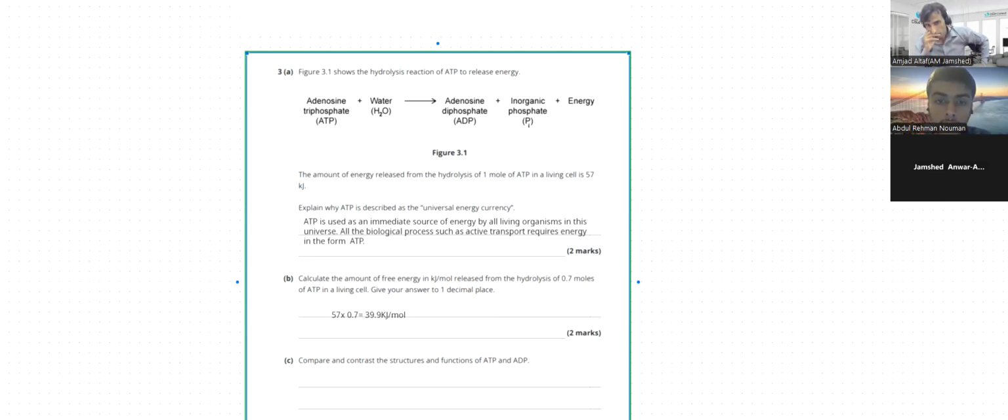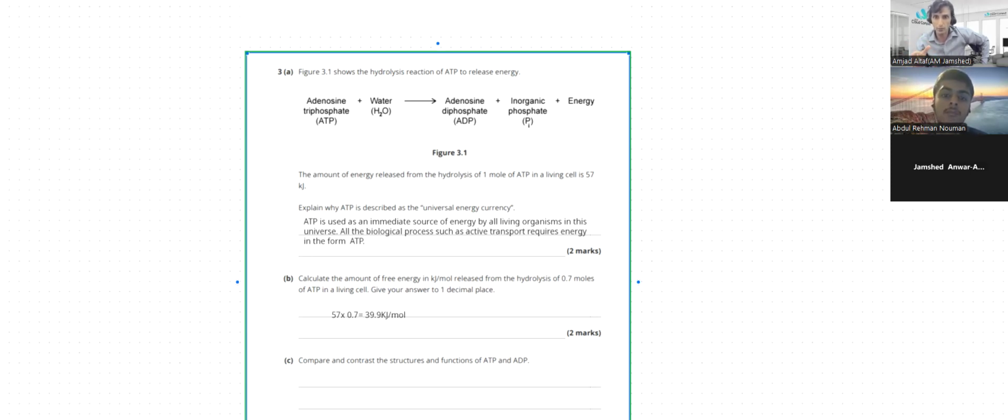According to the equation, the unit is kilojoules per mole. So it shows that we will divide the energy by mole, isn't it? No, it's a multiplication, because the question is to calculate the amount of free energy in kilojoule per mole released from the hydrolysis of 0.7 moles.